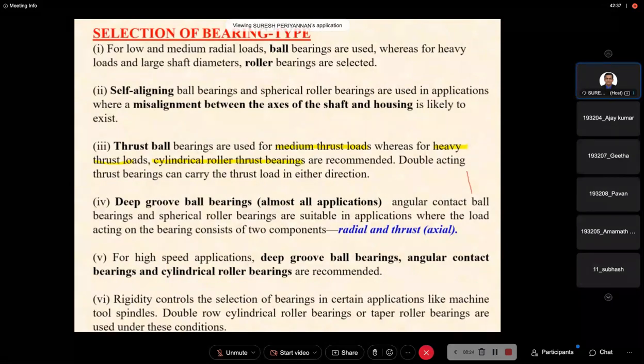Now I draw the front view of this. This is the shaft, right? We already discussed this herringbone gear. The teeth are like this. So why are we using this type of herringbone gear?